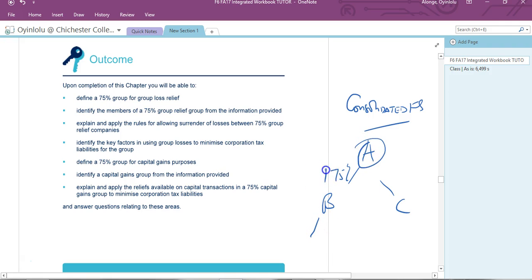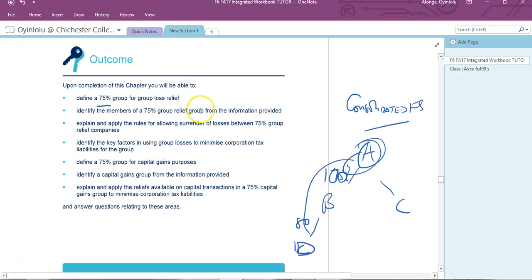For example, this is 100%, and this was 80%. I'll call this D. A has at least 75% with D, so they could be in the same group for group loss relief, because what you need is at least 75%. It doesn't have to be as much for chargeable gains, but we'll deal with that when we deal with gains.